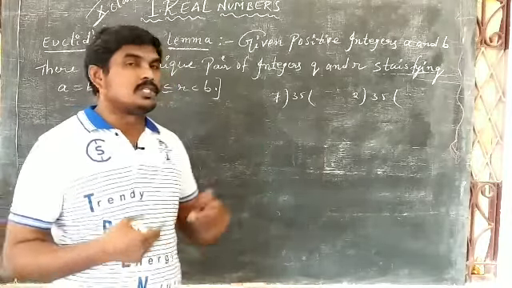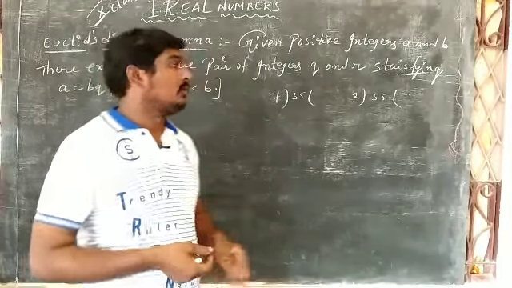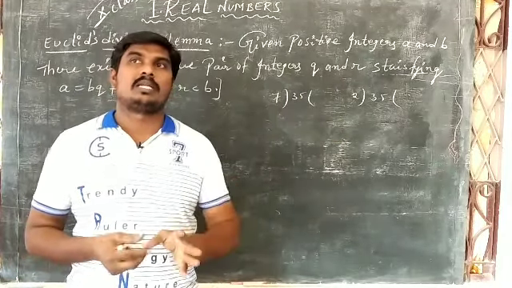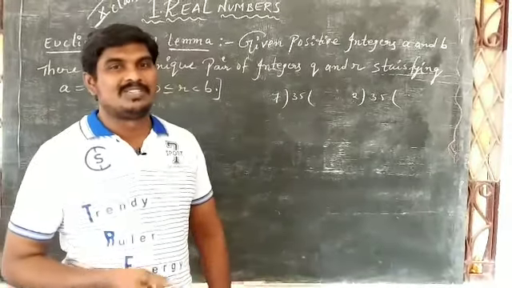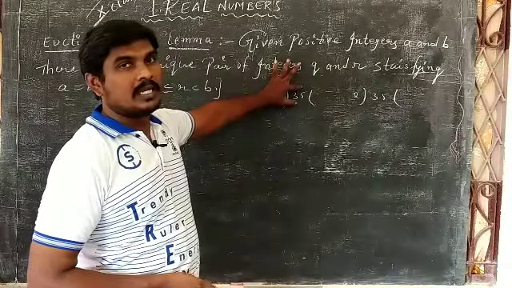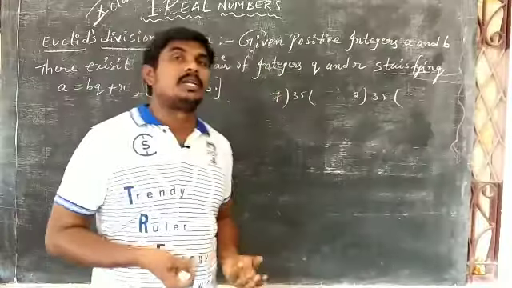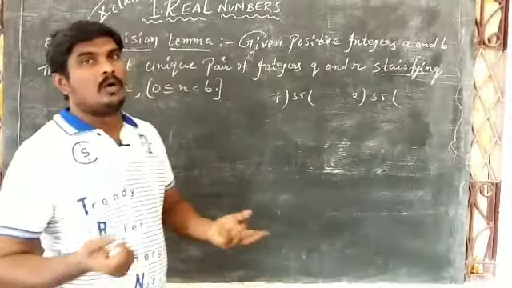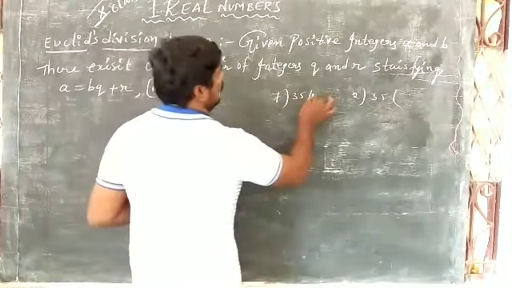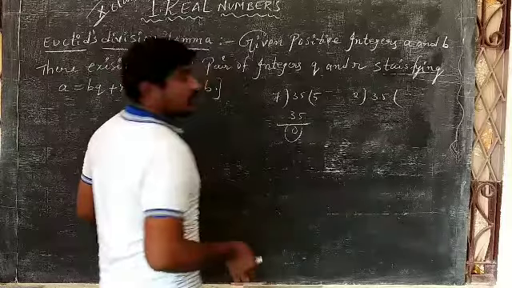If you want to distribute 35 chocolates to 7 members, how many chocolates will each person get? So you know how to get the answer by using the division method. Let us do the division. 7 table, 5 times. 7 5s are 35. Remainder 0.